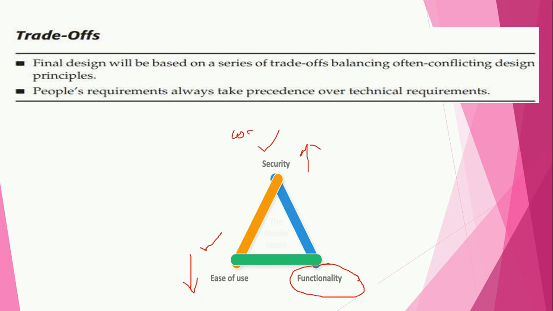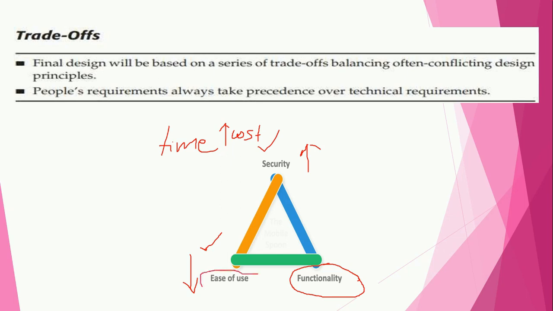Cost will go high, but you have to balance it. Somehow the designer has to balance this. It may take some time to develop a certain user interface in a very easy manner.